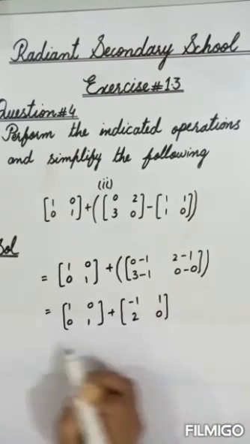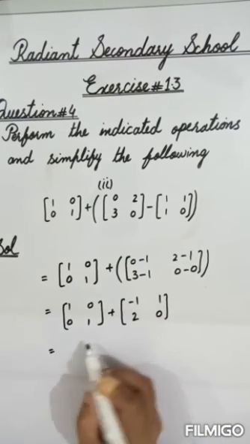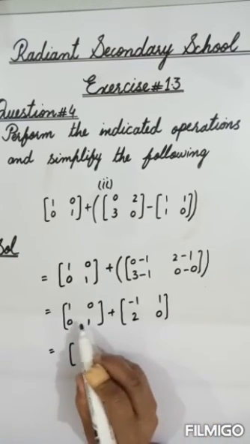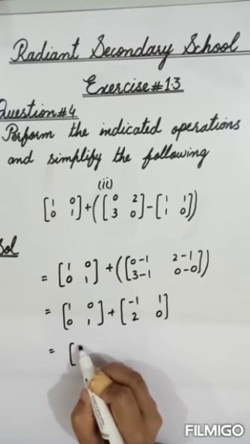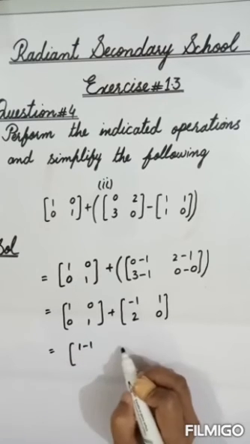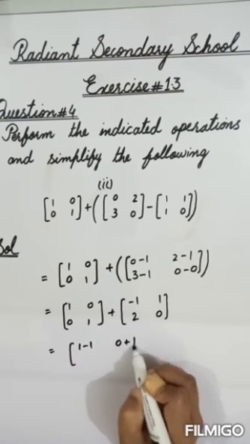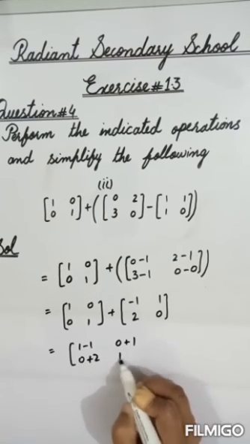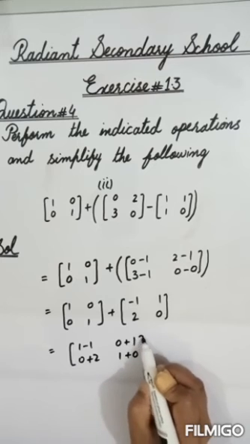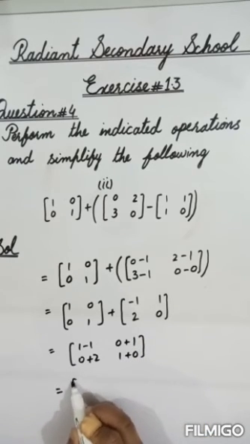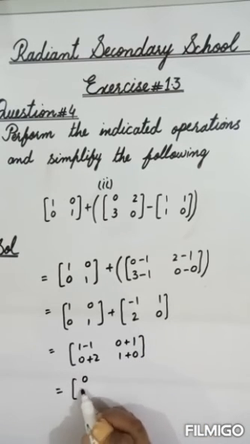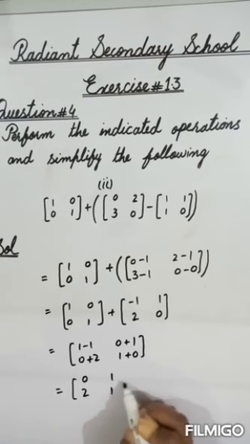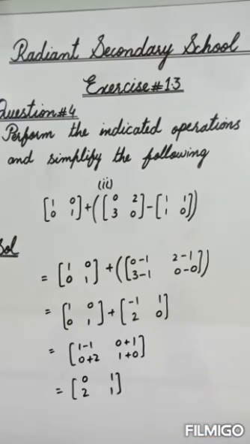Now after this we have to solve the last two matrices, and there is a sign of addition between the two matrices, so we have to add the entries 1 minus 1, 0 plus 1, 0 plus 2 and 1 plus 0, and the final answer is 0 2, 0 plus 1 1 and 1 plus 0 1. This is the answer of part number 2.